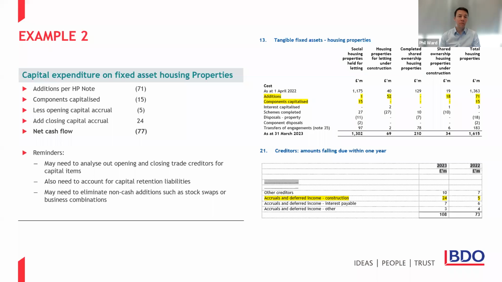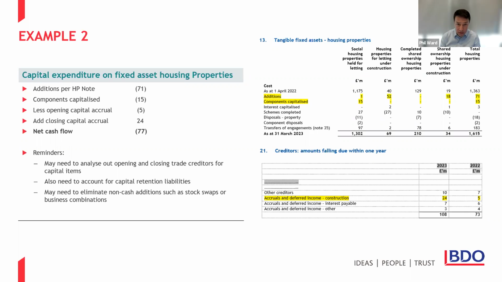In terms of capital expenditure on fixed asset housing properties, again, this should be a relatively straightforward one, but it's very surprising how often we see it isn't necessarily correct. So again, you usually get very close to the figure by looking at certain notes to the financial statements. You see our starting point is the housing properties note.